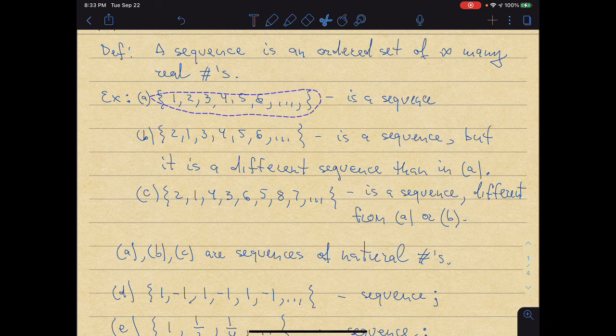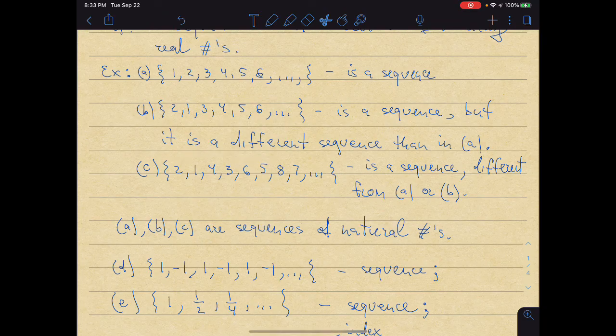Same thing for the sequence B, because the only difference between sequence A and sequence B is the first two elements. So if I'm interested in the behavior of terms of my sequence as n gets larger, starting from 3, both sequences are exactly the same. So the sequence B, in that sense, also goes to infinity.